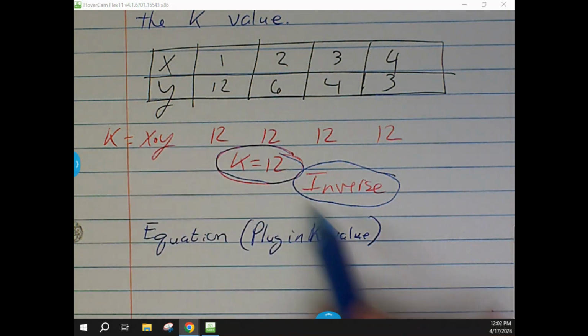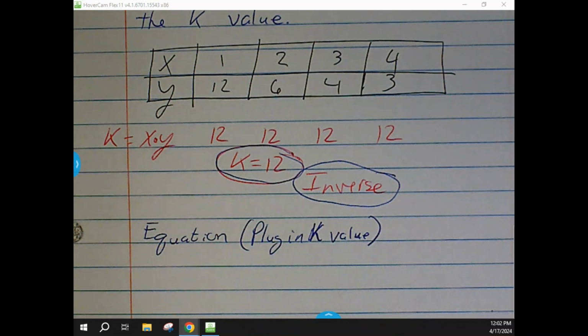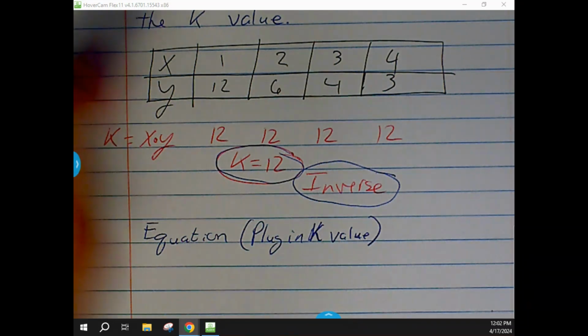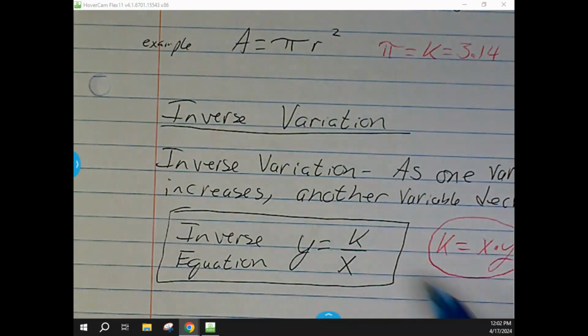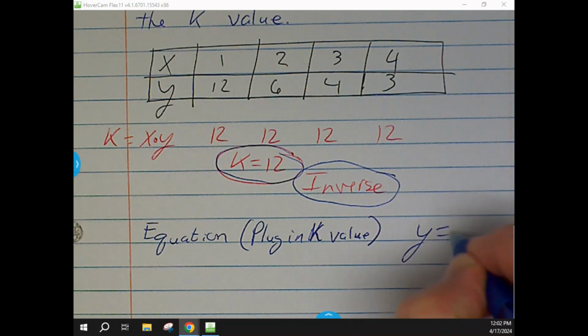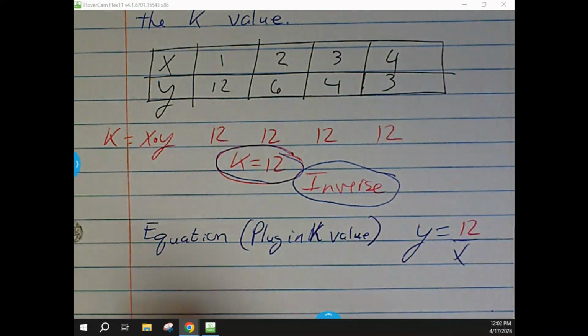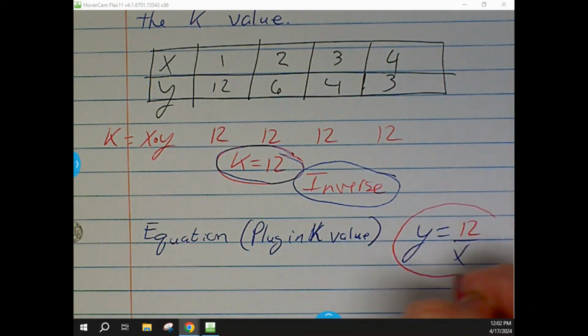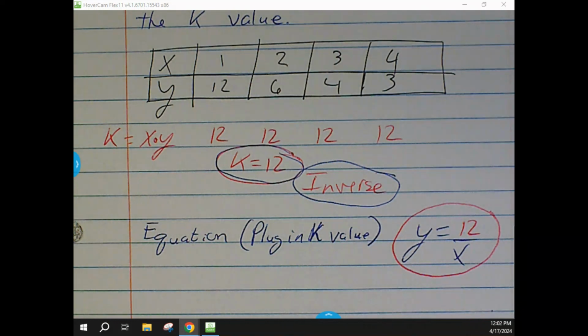Again, if you multiply them together, that means it's inverse for that part of it. And as far as the equation goes, all we're going to do is take this equation we got for inverse, and put 12 in for the k. So they ask us to find out what this value would be. We're going to do y equals 12 over x, and that would be your basic equation that you're looking for.